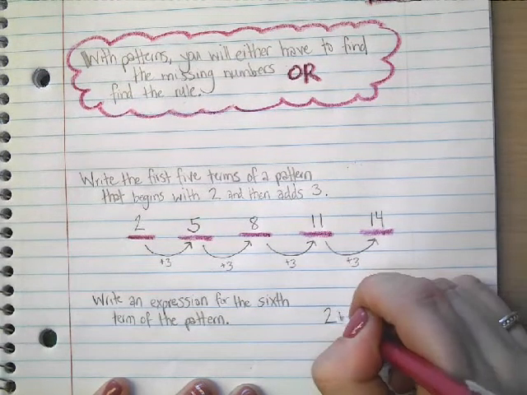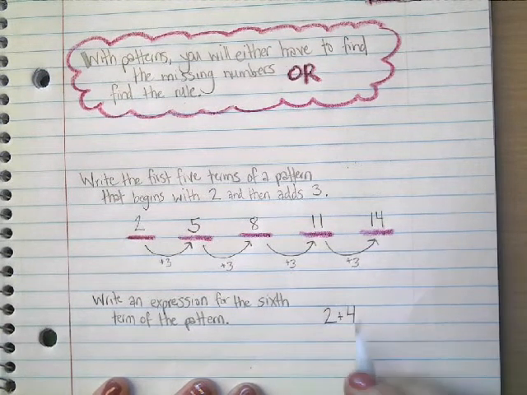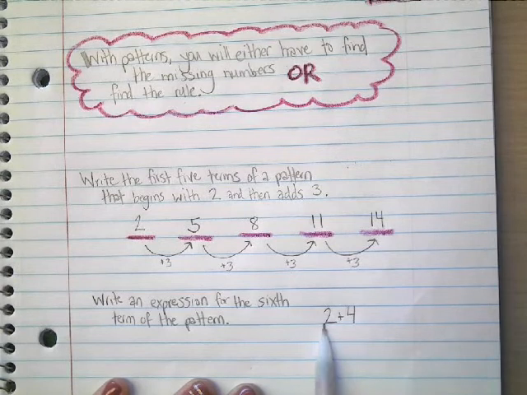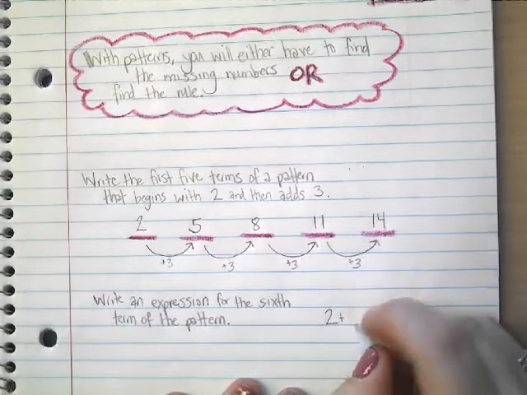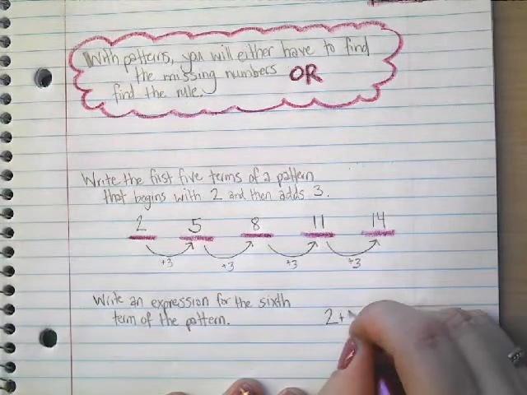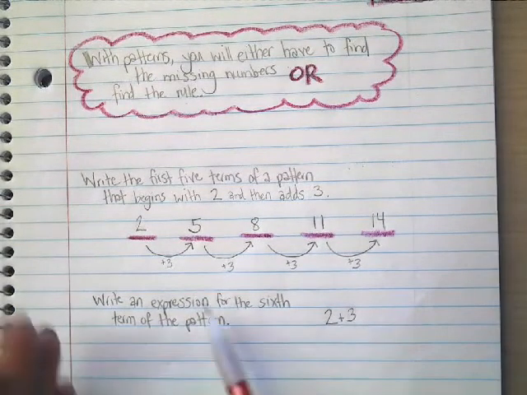The expression would be, I started at 2. Then I added 3 to get my second number. And then I added 3 to get my third number.